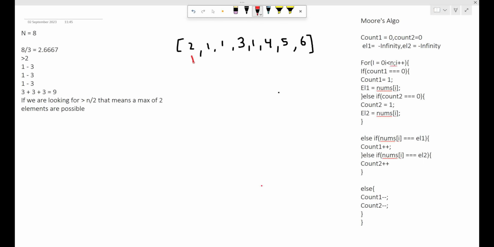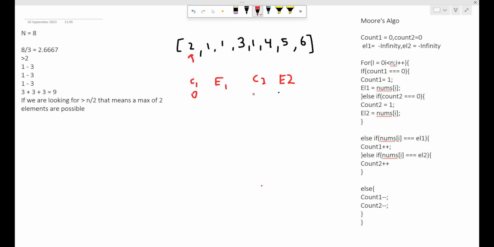I am at my first element, which is 2, right? Now let me initialize the variables, that is C1, and let's say this is my element 1, E1, and this is my C2, and this is my element 2, E2. So these are my four variables. Now let's start.